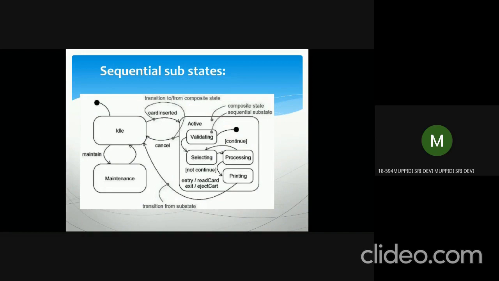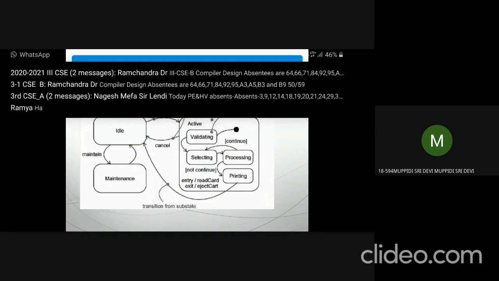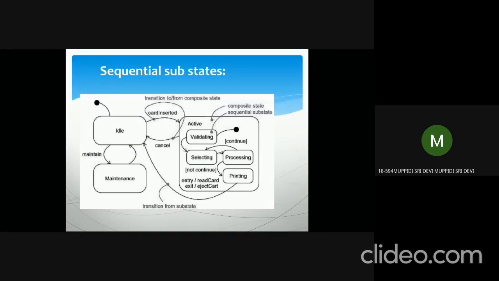Initially the controller at the starting point will go to idle state. This is an example for ATM. Initially the machine is in idle state.